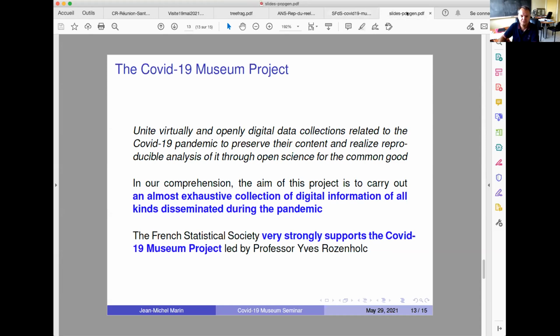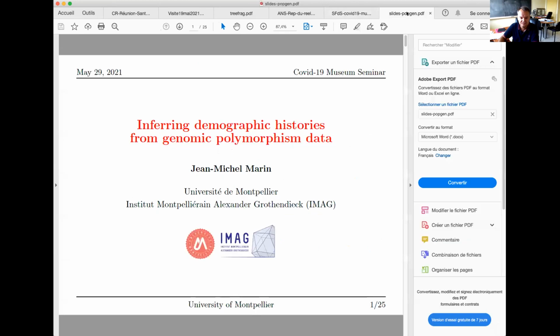To introduce some more research, with respect to my research area, I have been involved in research on population genetics for 20 years. My goal is to develop inferential processes to select and discriminate between demographic histories using genomic polymorphism data sets.